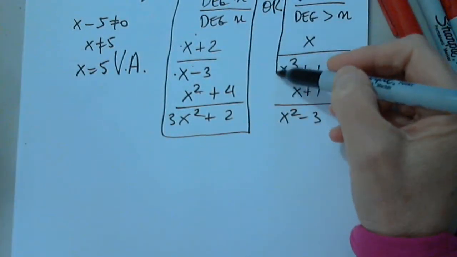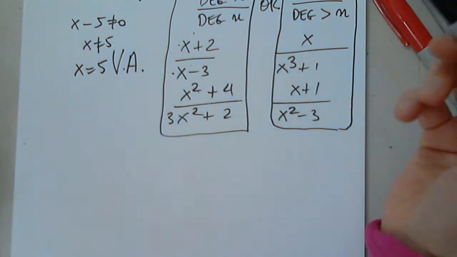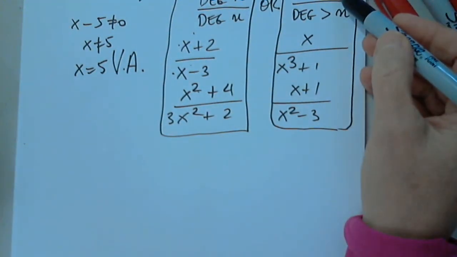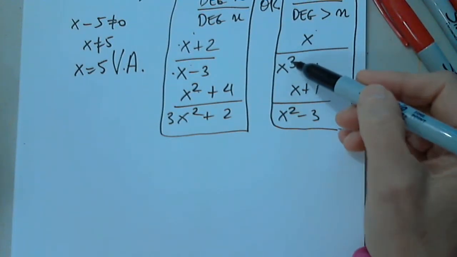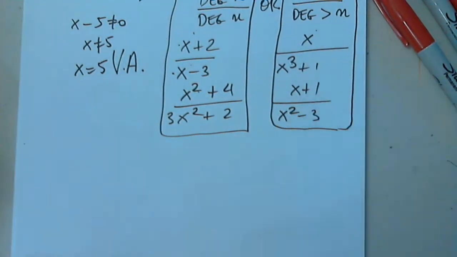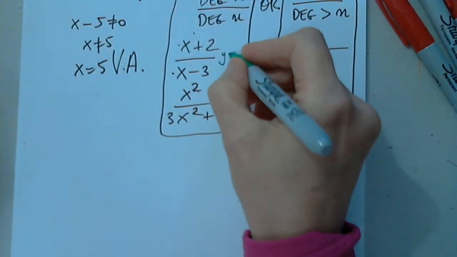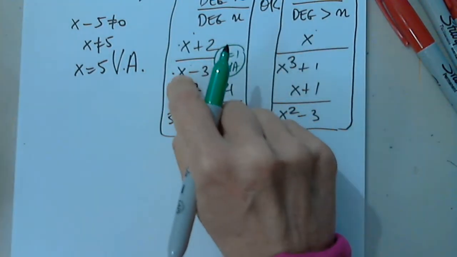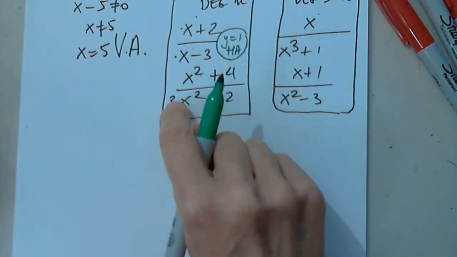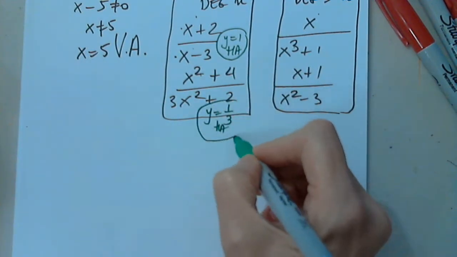Or the second possibility for a horizontal asymptote, a smaller degree in the numerator than in the denominator: degree 1, degree 3; degree 1, degree 2. So I'm going to use a different color here. y equals 1 is the horizontal asymptote for this one, 1 over 1. Here, 1 over 3, y equals 1/3 is the horizontal asymptote.